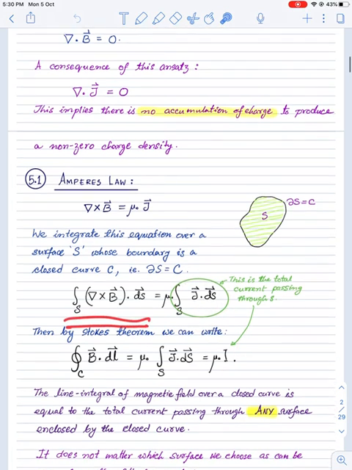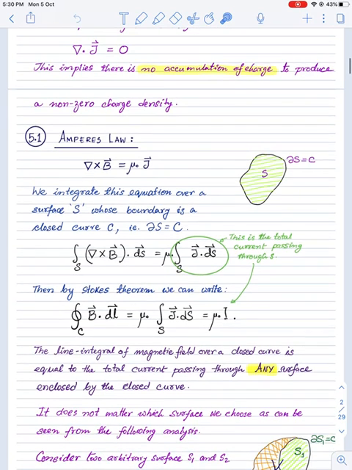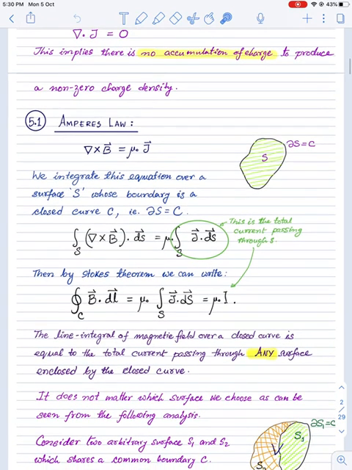But on the left hand side, it becomes very interesting, because the surface integral of the curl of B can be written down using Stokes' theorem as the line integral of the magnetic field along the closed curve C. So if we take this closed curve, we can perform the line integral of the magnetic field, and that should give me mu naught times the total current that is passing through this surface that this closed loop encloses.